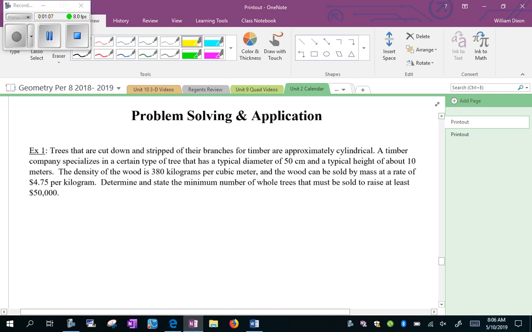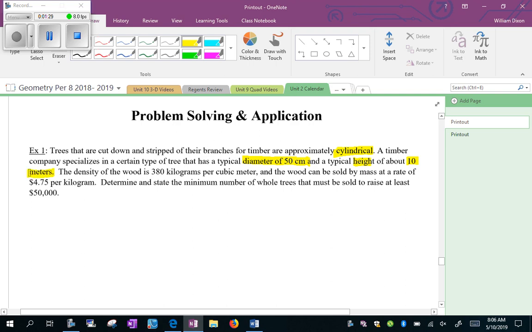So let's go back. The strategy, I think, is to underline some key information that's going to help us solve this problem. Okay, they're cylindrical, so we know we're dealing with a cylinder. I think that's very important. The diameter is 50 centimeters and the height is 10 meters. And yes, you should be underlining also.